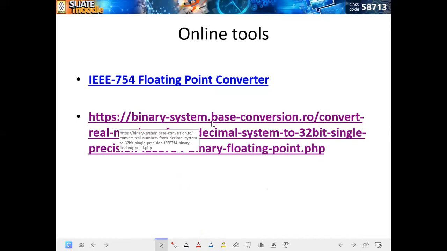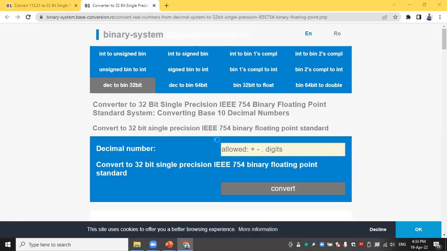You can use this one to verify your answer. If I click this one, I'm going to show you my screen. You will be redirected to this website.